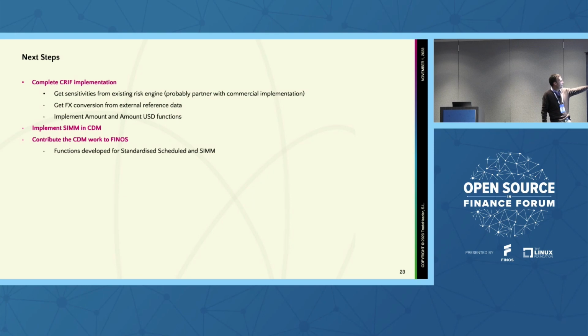With that, we'll be able to complete the amount and the amount USD functions, and we'll be able to generate the full CRIF. Then we'll be able to get the output on SIMM with the formula that we have already implemented in the CDM. And finally, we'll contribute all the CDM work to FINOS to be able to use the standardized schedule and SIMM directly in CDM.